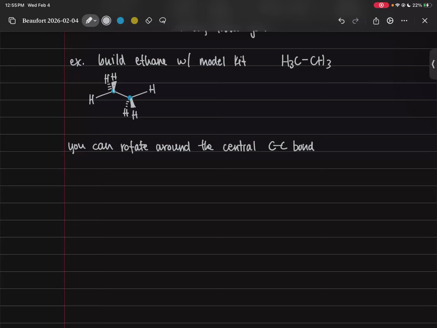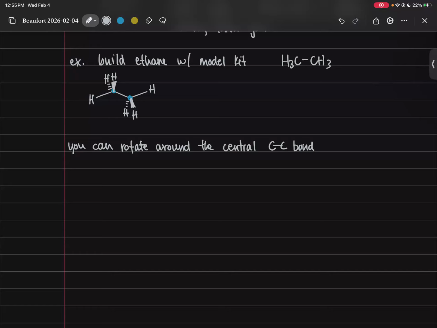And then on top of that, in this case, all six hydrogens are the same. They're all hydrogens. But if we replace one or two of them with different substituents, different groups, now we have an infinite number of different possibilities that we can make.